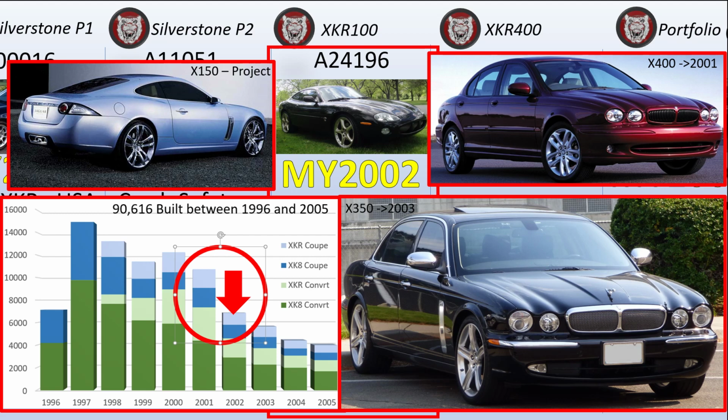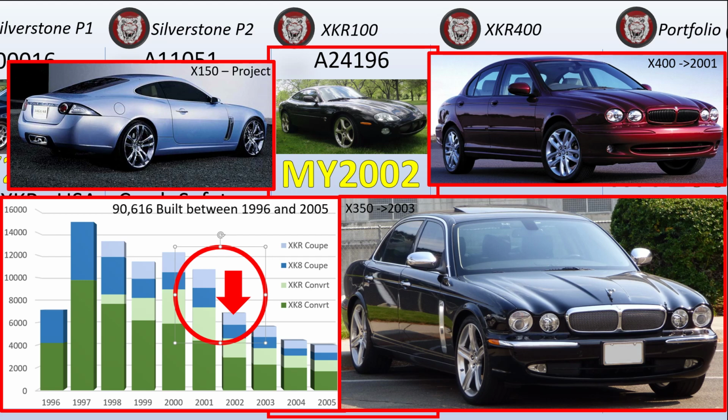The X400, the X-Type, had started manufacture earlier in the same year, and the X350 project, an all-aluminium XJ, was in the middle of its project.